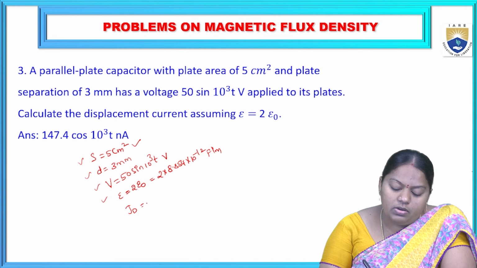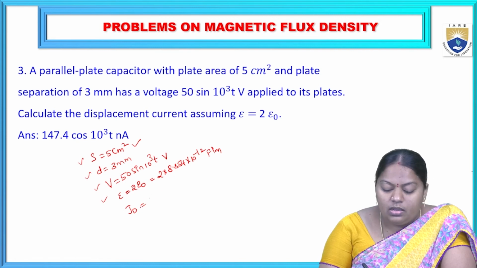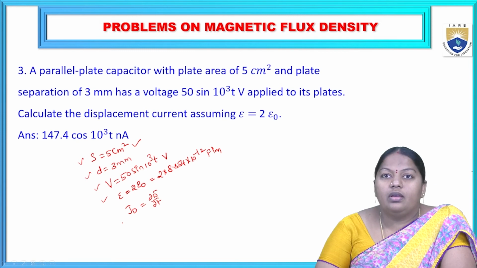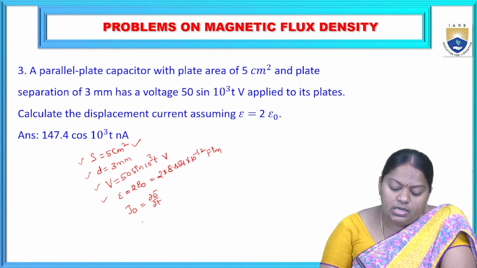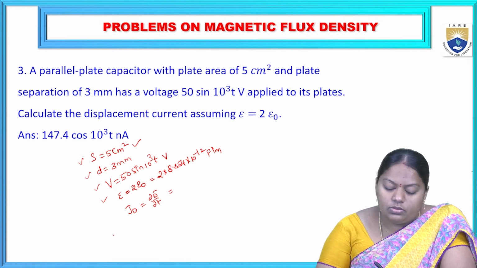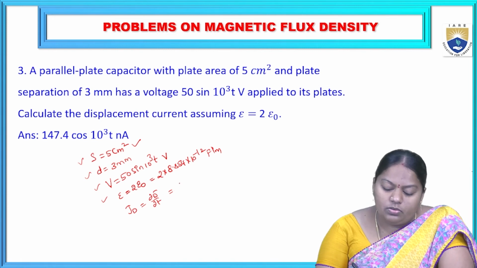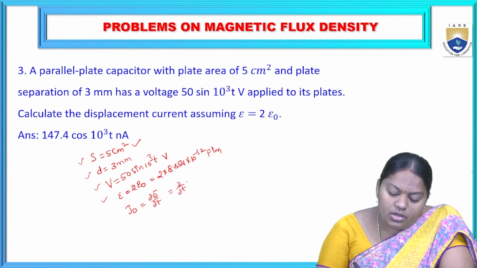So JD equals dou D bar by dou t, which is dou by dou t of epsilon into E bar. Why?